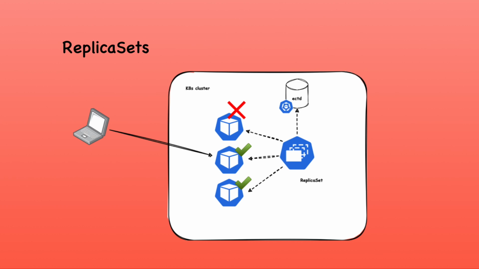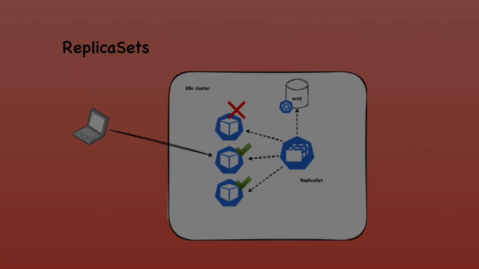And that replica set is able to check on the desired state of the cluster. So if at some point we change the number of replicas that we want, maybe we want more, maybe we want fewer, it is able to, on the fly, continually check on our desired state of the cluster and reconcile the actual state of the cluster with what we've said we want running.